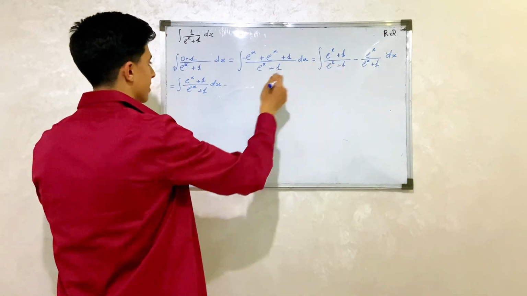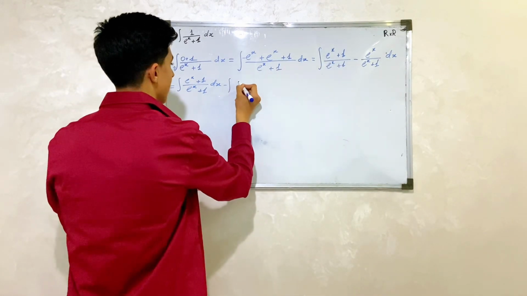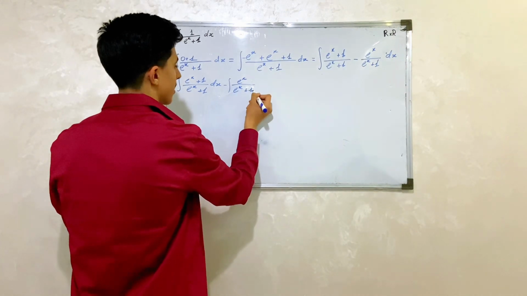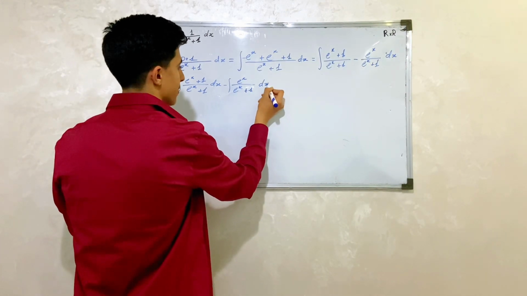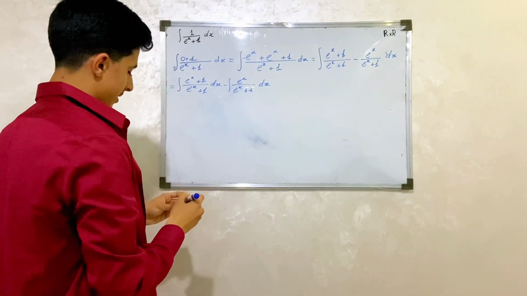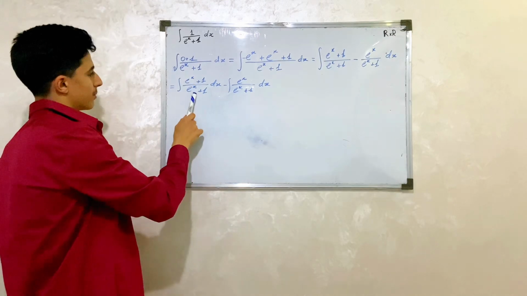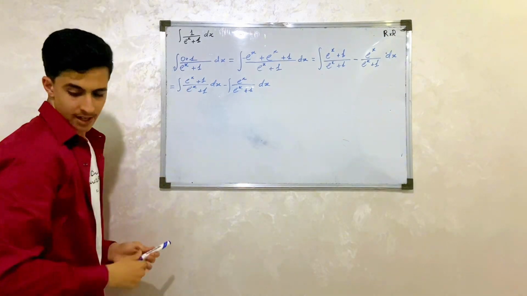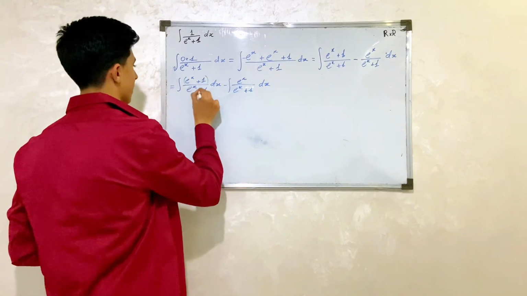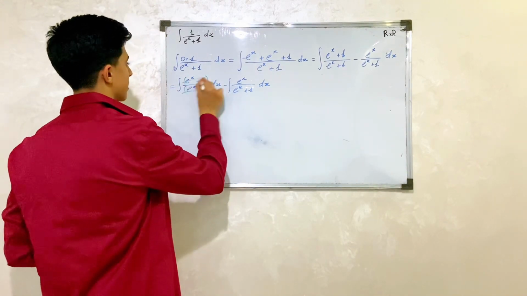Then we are going to write the second integral as e to the x over e to the x plus 1 with respect to x. Now we can just see that these expressions are the same, meaning we can just come here with the other pen and cancel them out.